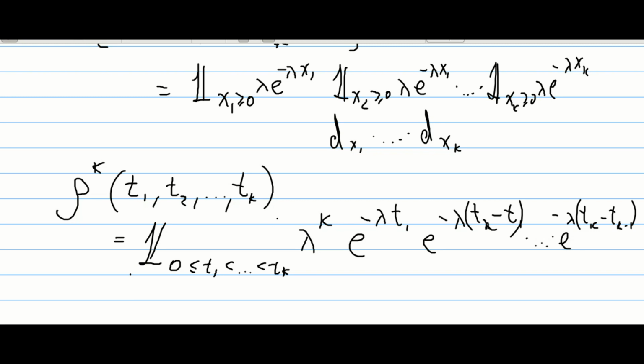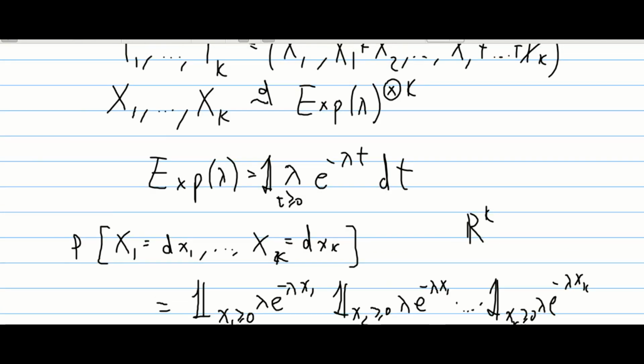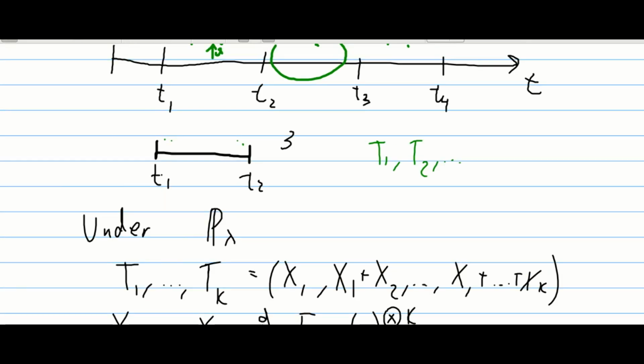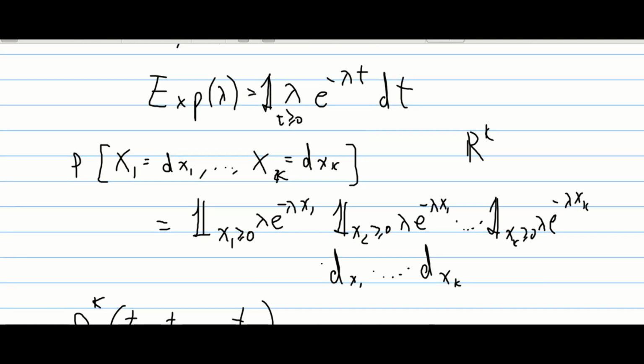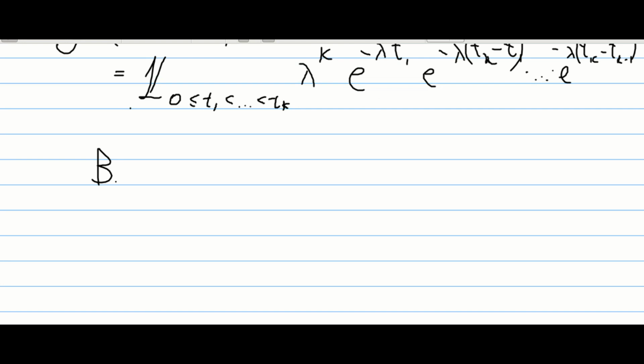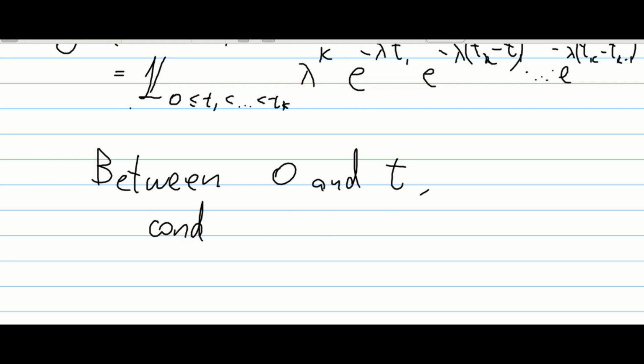Now, the interesting thing is that we want to know how these points are distributed between T1 and T2. So let's start with a very simple example, between 0 and T. So fix a positive T. We condition on NT being equal to K. So now we have something that definitely has exactly K points in the interval.